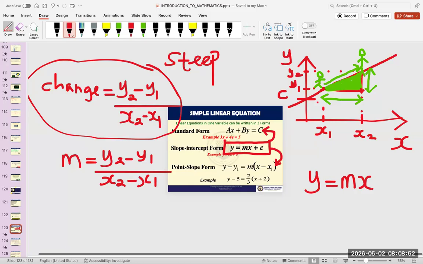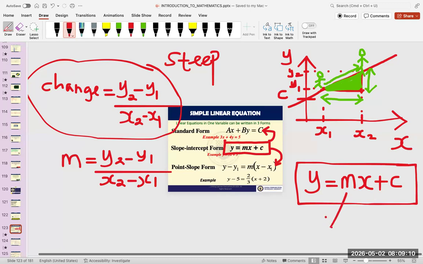And then where did you start the movement from? If you are starting on the y, that is C, the intercept, plus C. So this is the slope intercept. That's where the name is coming from: M is the slope, C is the intercept.